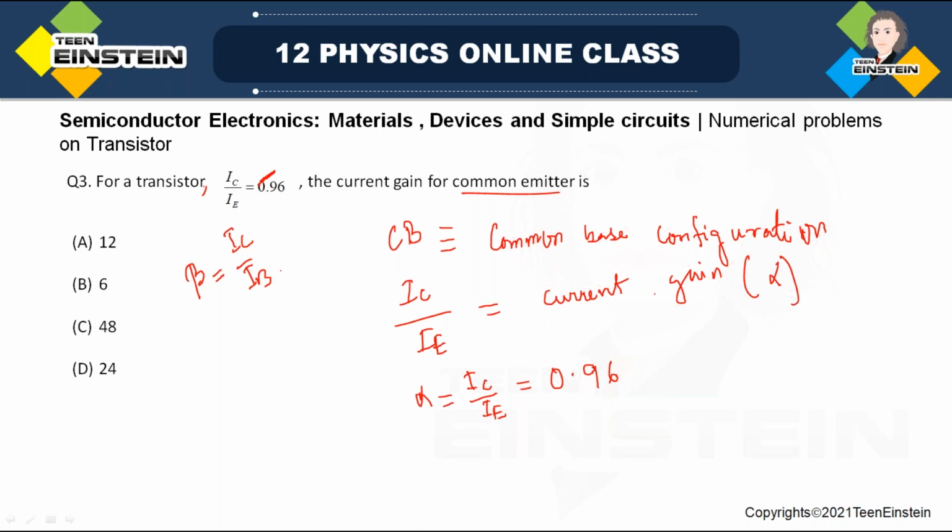This is actually common emitter current gain. So look here, you have been given alpha, you have to find out beta. So there will be a natural question, whether alpha and beta have some common relationship, that you have to first find out.